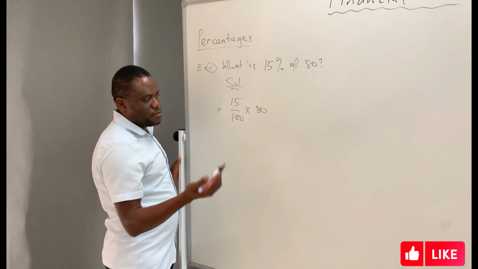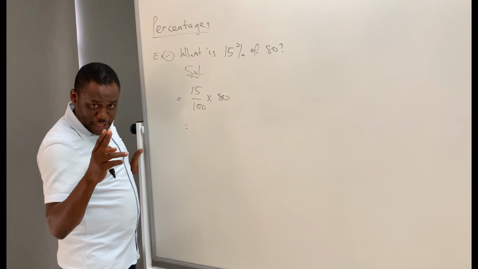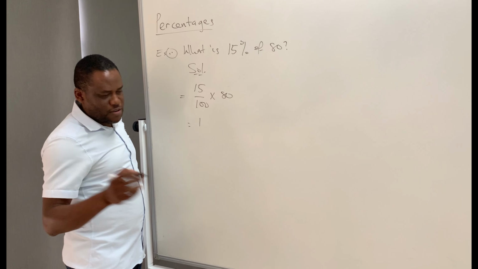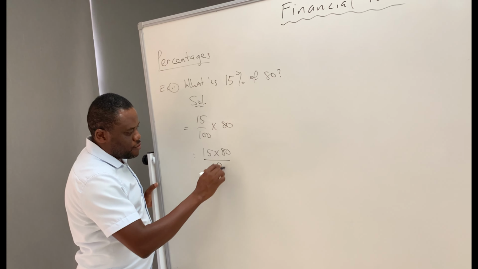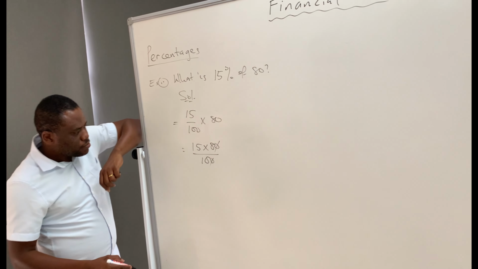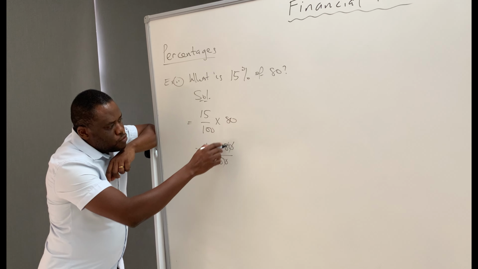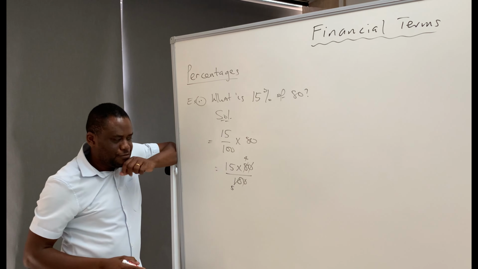So we can take our calculator, or our scissors. 15 times 80 divided by 100, right? 0 cancels 0 here. 2 can go there, 4. 2 can go there, 5.